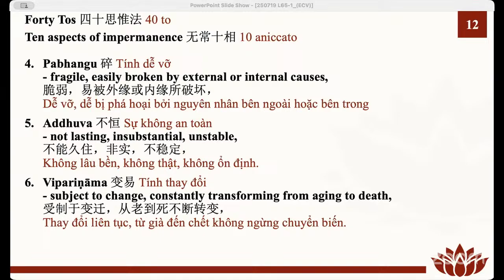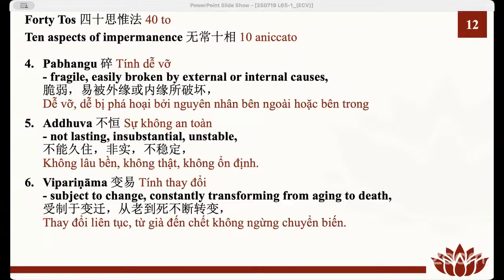Gradually it ripens, so the stem becomes weaker. It will fall from the branch or stem. Similarly, our body also changes from childhood to older age gradually. This is called adhuva. If we say it in an easier way, this is subject to decline, subject to downfall. That's why it's called adhuva.